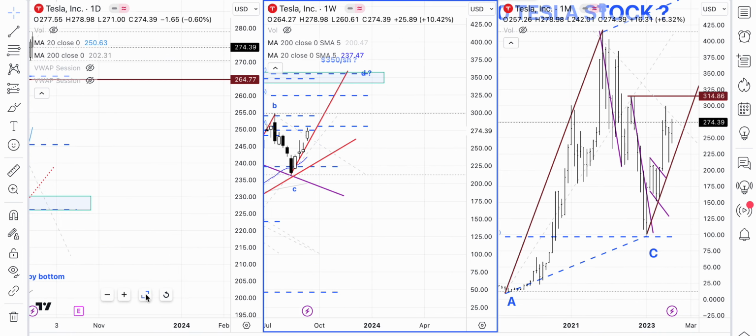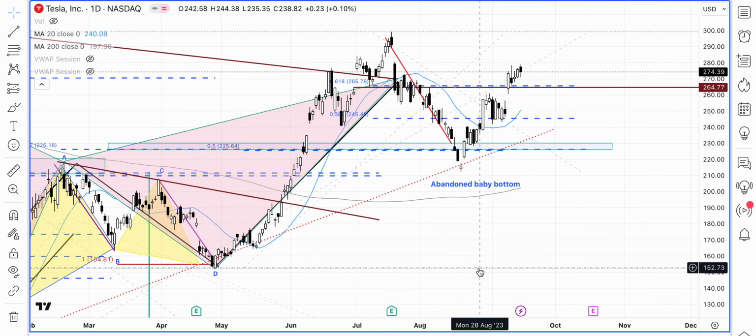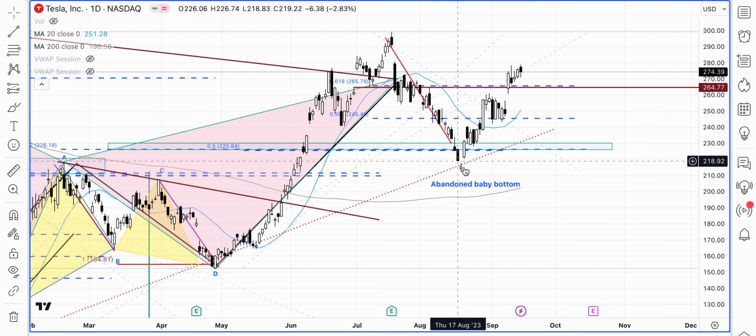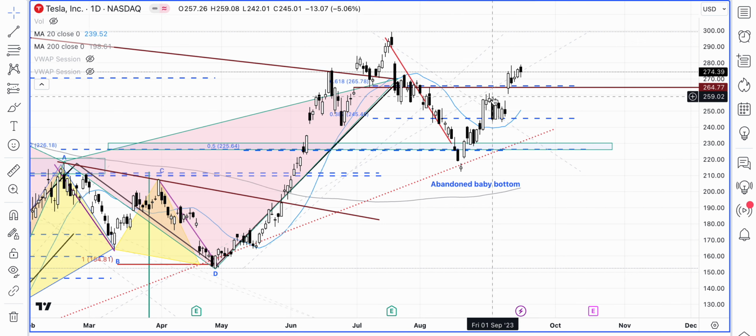Let's take a look at this on the daily chart. So this is the shorter term daily chart, and what we are seeing is, after finding support from this region, which we had also identified in advance, it went a little bit below our level of about $225 per share level, but it formed an abandoned baby bottom and it's just been rising.